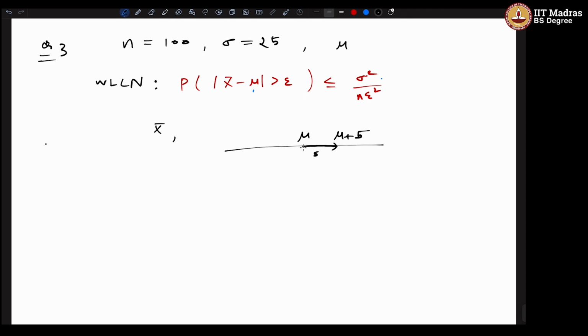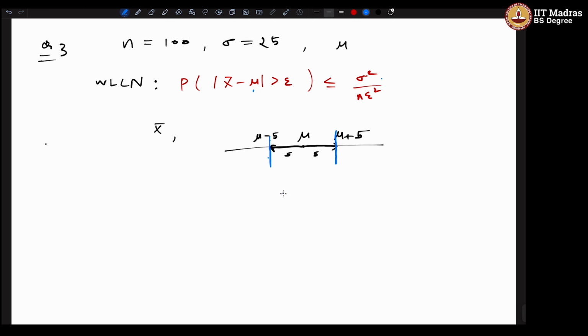This can be in both directions. I can go here also, the same 5 units away, and that will be mu minus 5, right? So this is the 5 units away from mean interval.